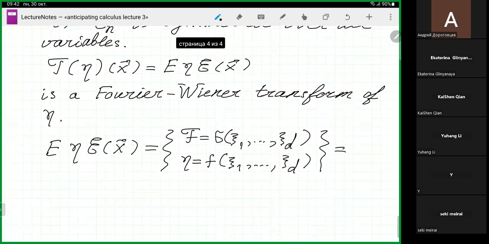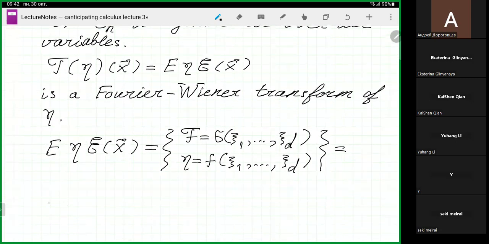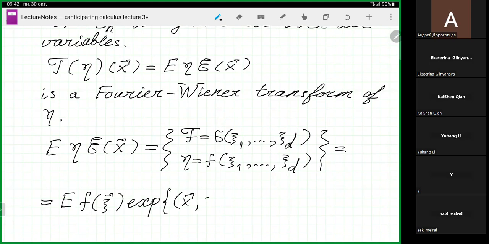And then I can continue these calculations. It is like E f of xi, times the exponent of x xi minus norm of x squared over 2.